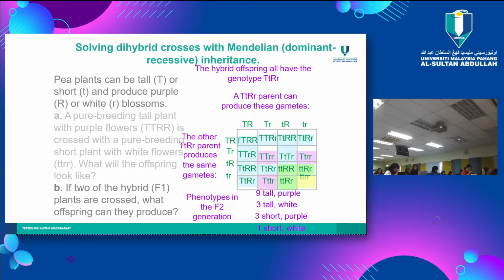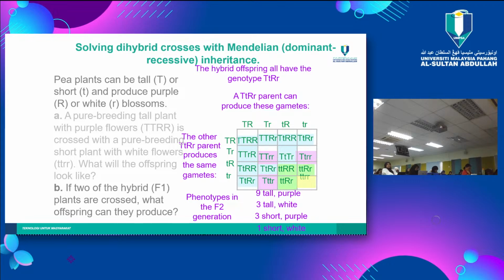So in the heterozygous offspring, we can have the possibilities of tall and dominant purple, and also tall and recessive white color, and also can have the recessive that is going to give you short with the purple color, and short with the white.